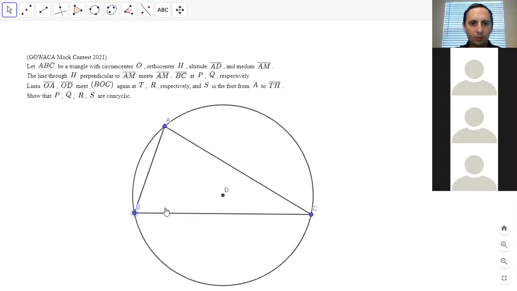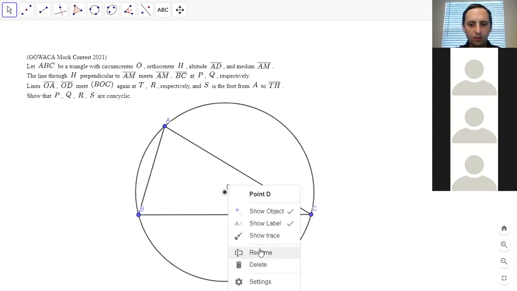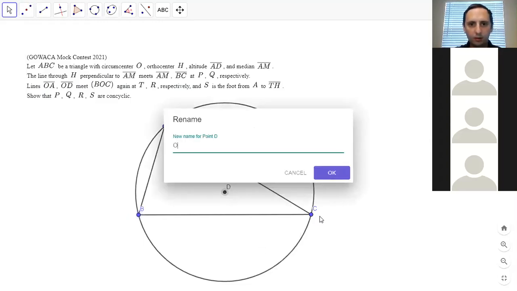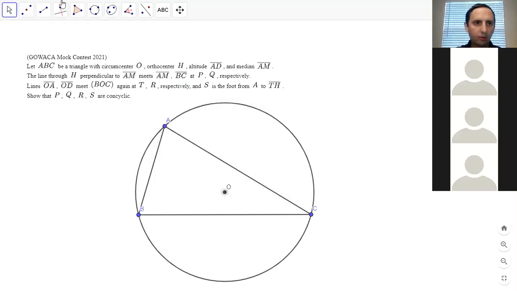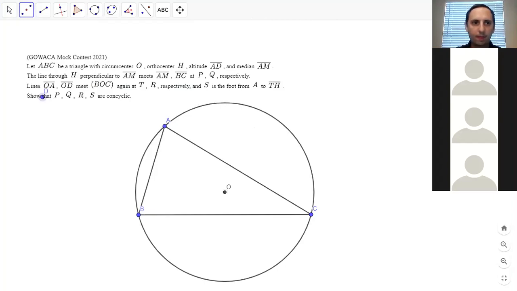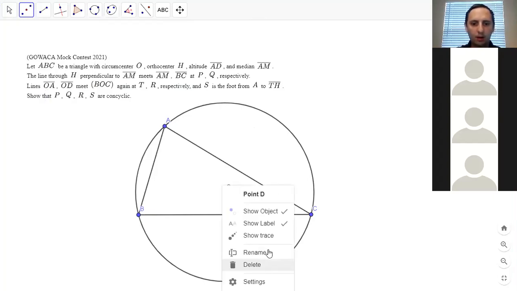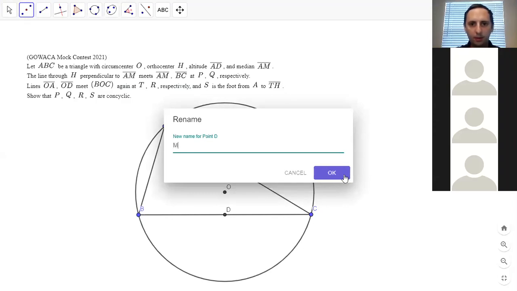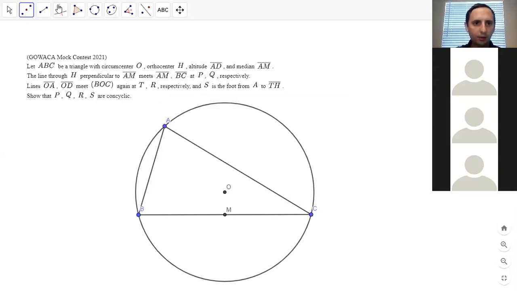So we want this to be O. And I'll just label this, sorry, my keyboard double clicks a lot. So this we'll call M. The altitude is AB.